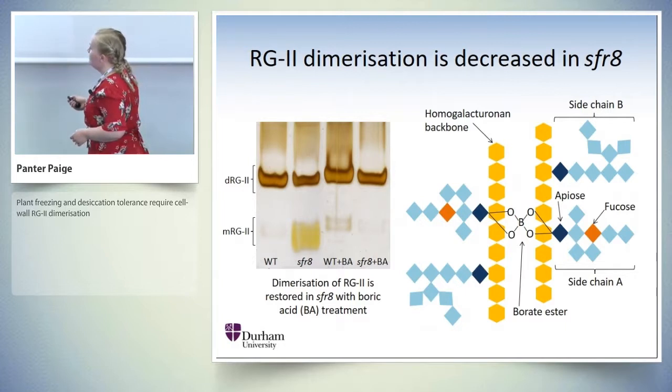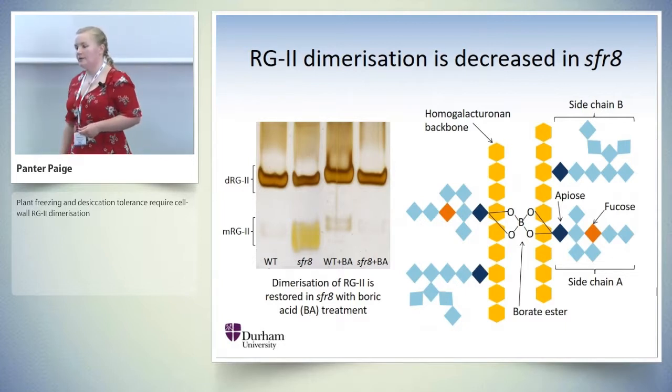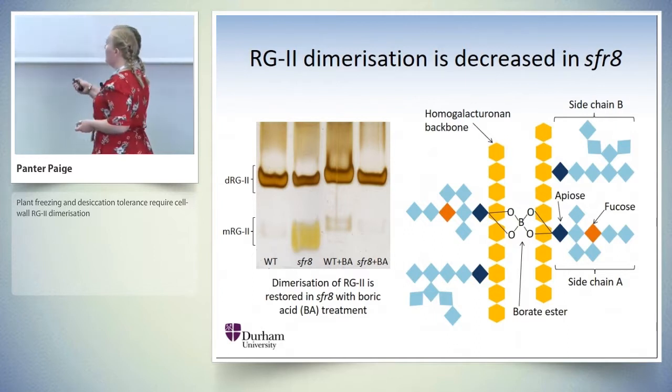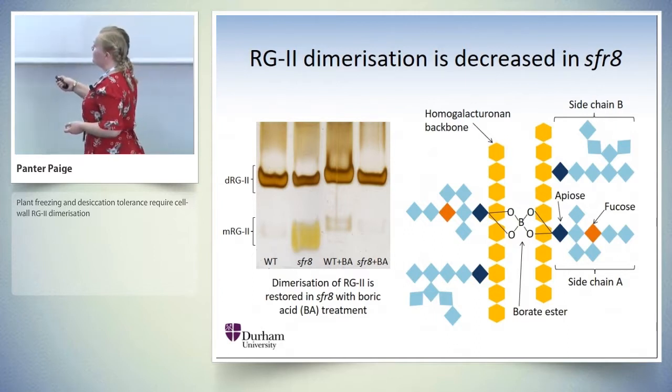The majority of RG2 in the cell wall is actually dimerized via a borate ester crosslink that occurs between the two apiose residues of side chain A.